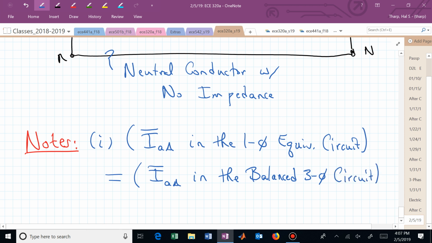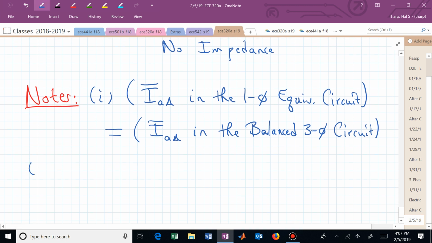And that's a good thing. That means you can now do your analysis in this single-phase circuit and actually come up with the answer that you would need in your three-phase big circuit. Those currents are exactly the same.